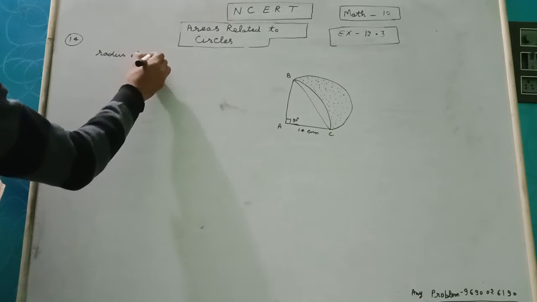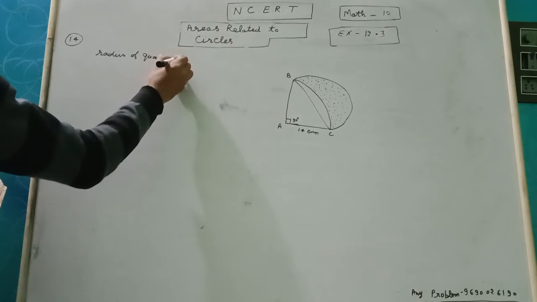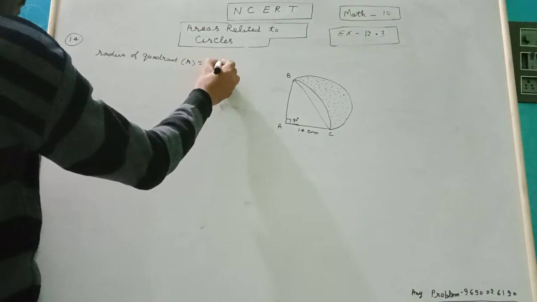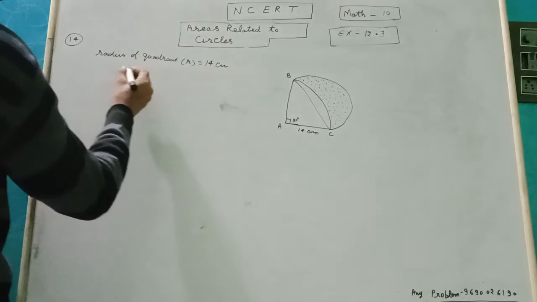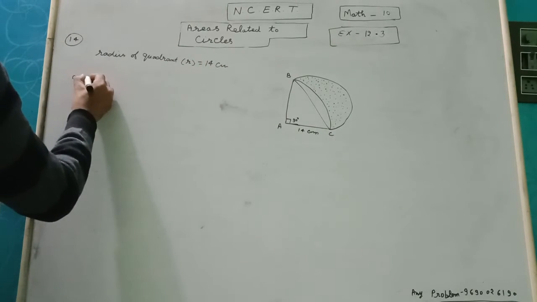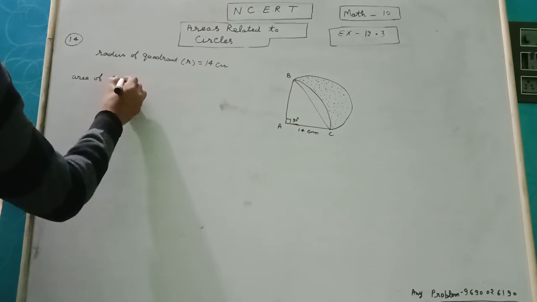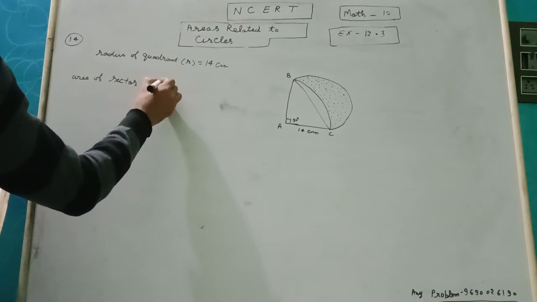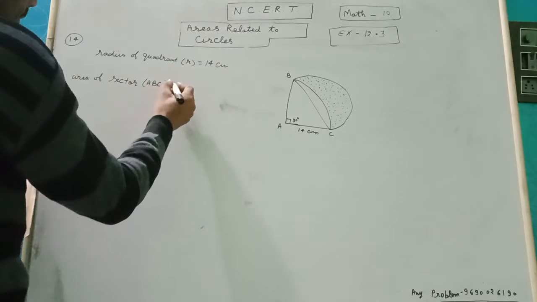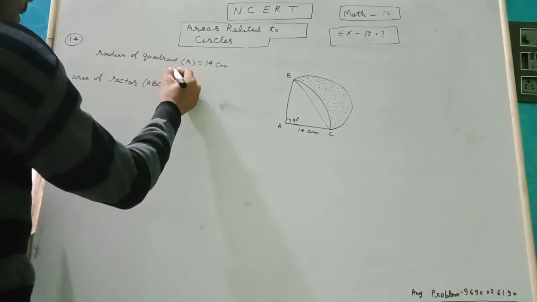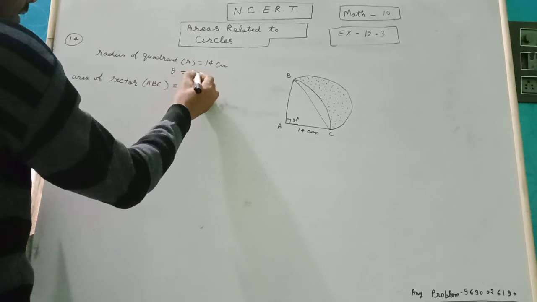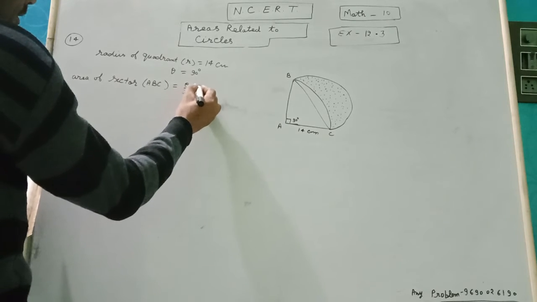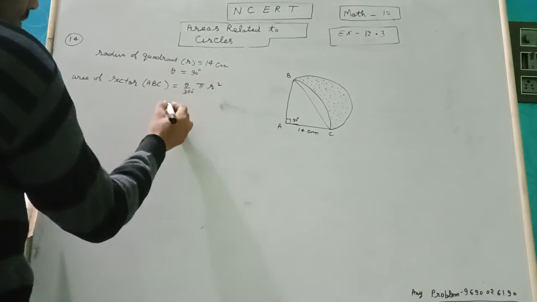Radius of quadrant is 14 cm. Area of sector ABC is equal to theta upon 360 pi r square, where theta for the quadrant is 90 degrees.